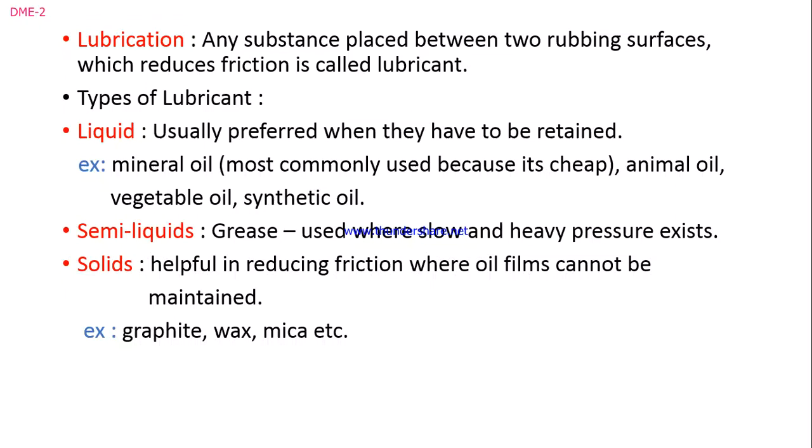First of all, we'll start with the basic definitions in this module. The first one is lubrication. The definition says any substance placed between two rubbing surfaces which reduces friction is called lubricant. First of all we need to know the definition of friction.